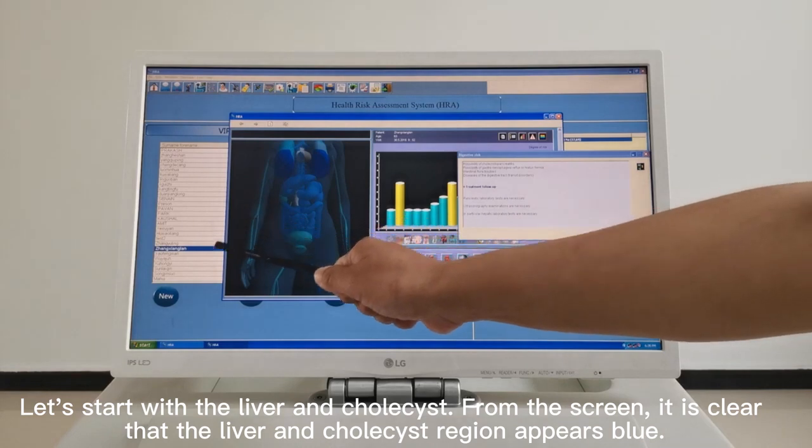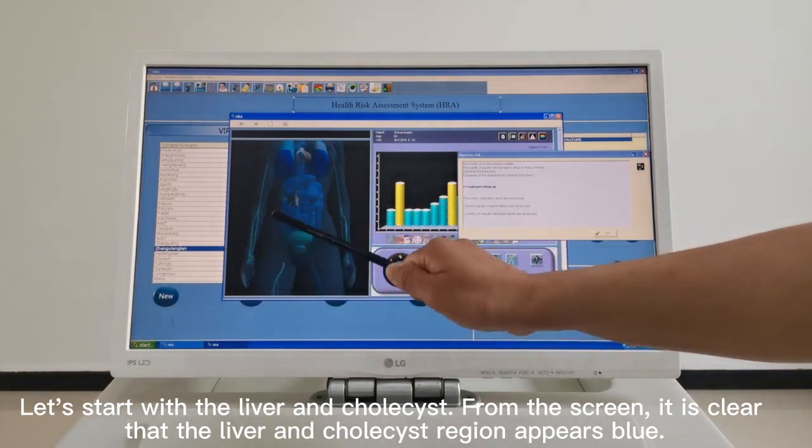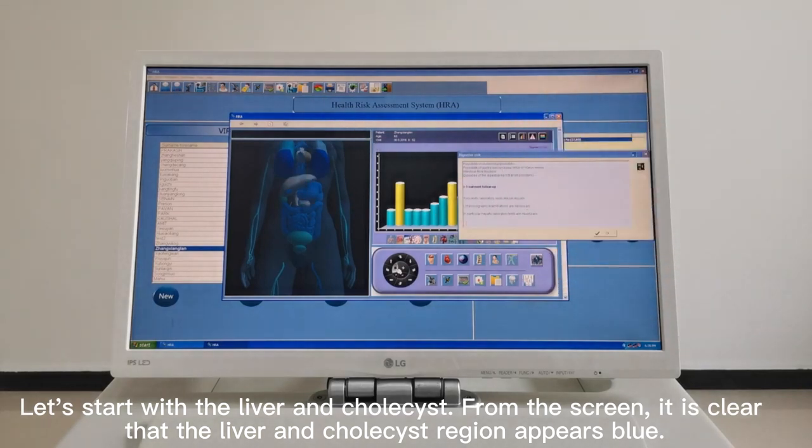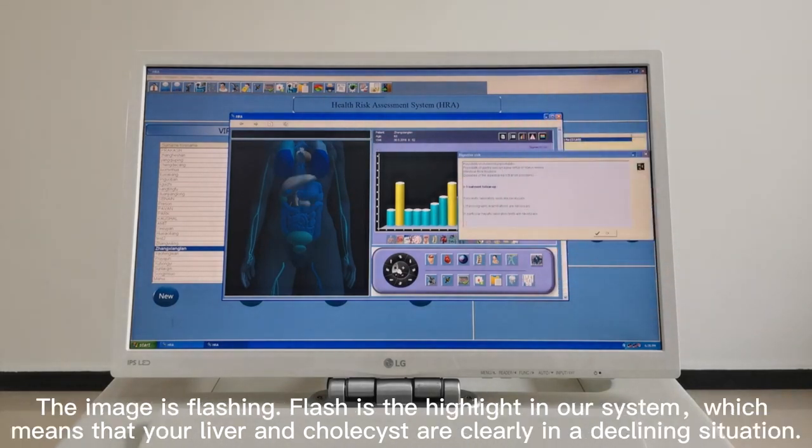From the screen, it is clear that the liver and the cholecyst region appear blue, and the image is flashing. Flash is the highlight in our system, which means that your liver and cholecyst are clearly in a declining situation.